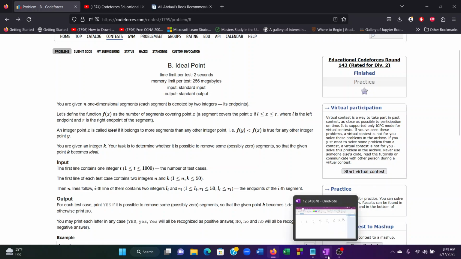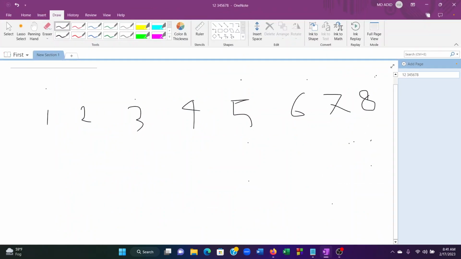Let's say that k value is 5. Now, when are we going to call this number 5 an ideal point? We can call this number an ideal point only when, out of all these numbers, only the number 5 contains the maximum number of ranges that we talked about in the first place. What were those ranges?